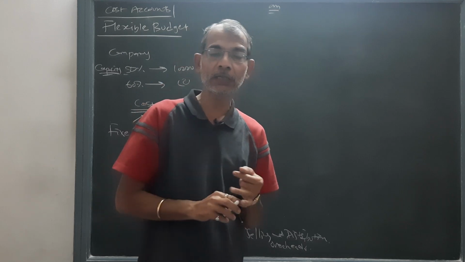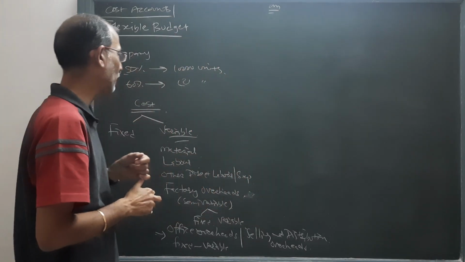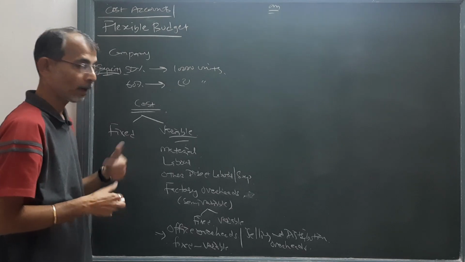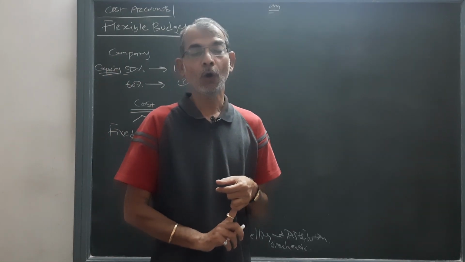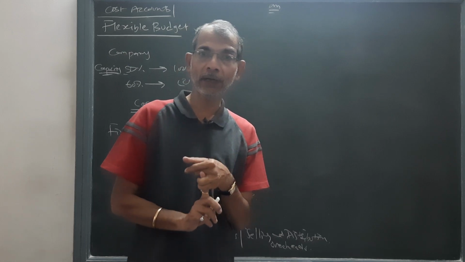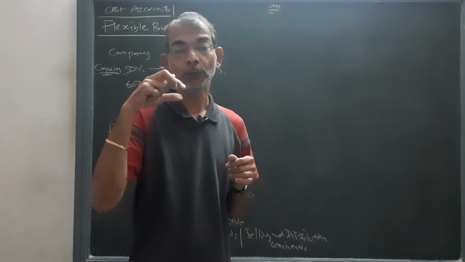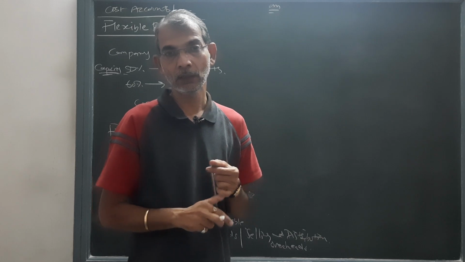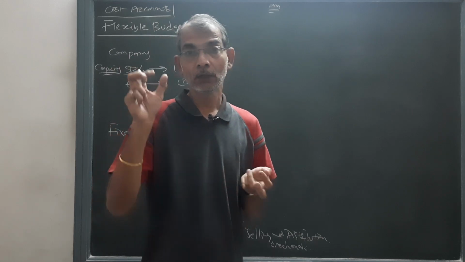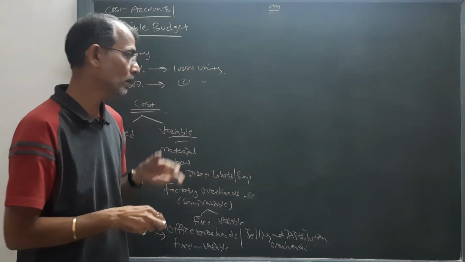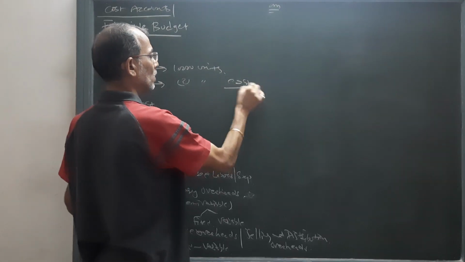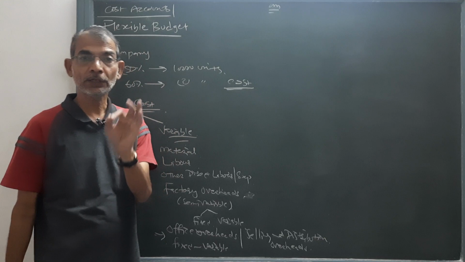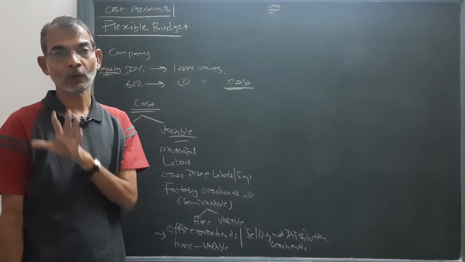Many other things may also happen, such as the material price having increased now, or other direct material having increased by some percentage. So after giving those effects, you can find what cost will come at 60% capacity.